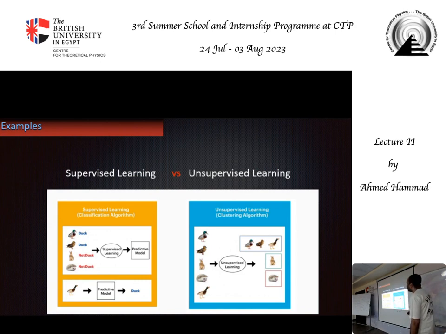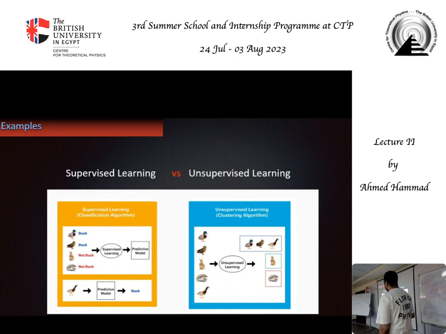Every time I give it a duck, I teach the model, okay, this is a duck. If it's a rabbit or hedgehog, I tell the model this is not a duck. When I do the test, the model has learned the features of each image.